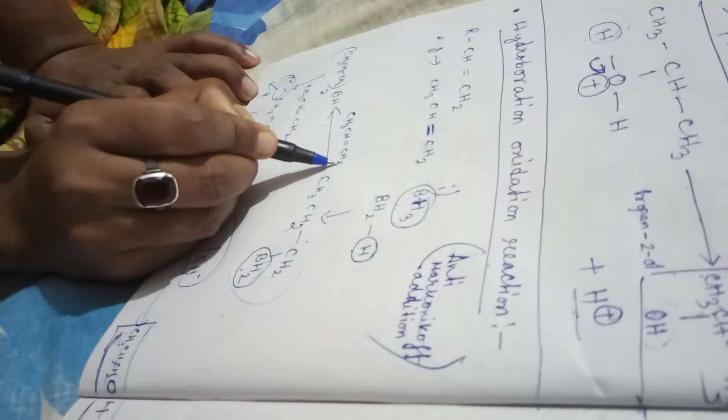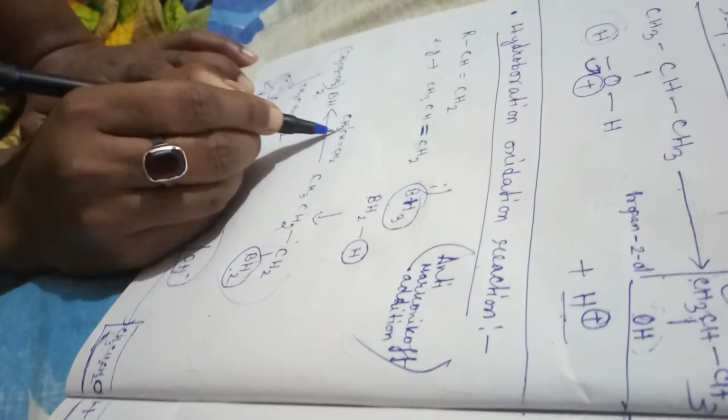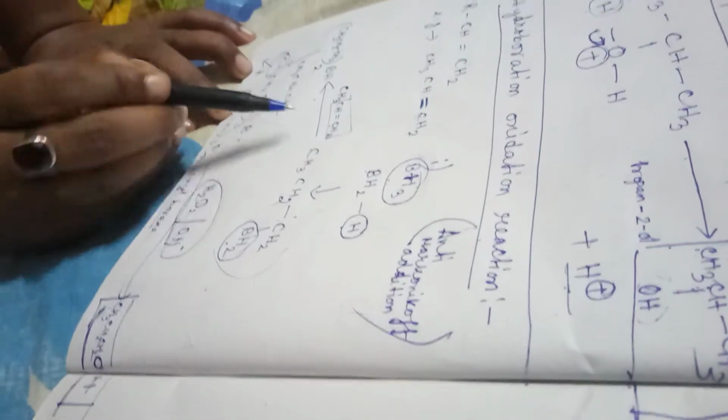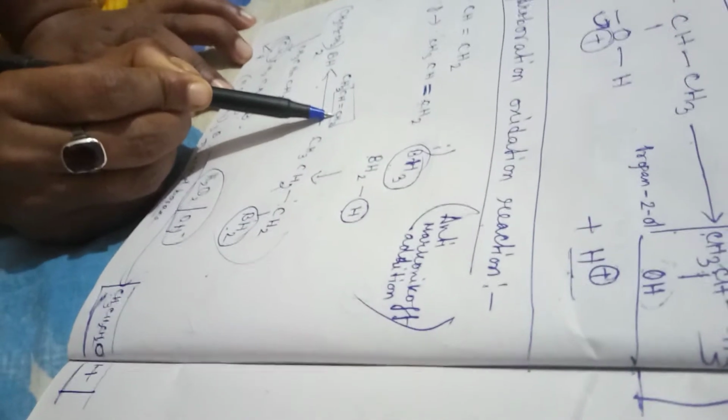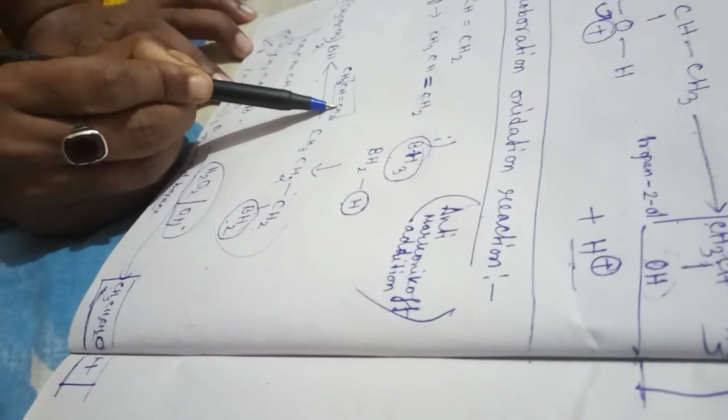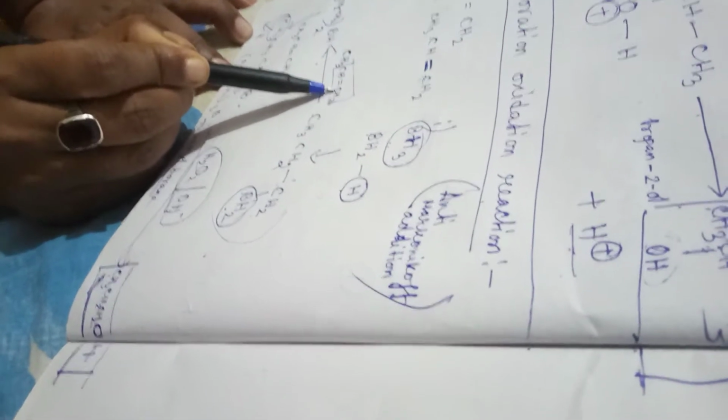The OH is added to the carbon which has the higher number of hydrogens, so this carbon will get the OH. This is the difference between the hydration of alkene and the hydroboration oxidation reaction.